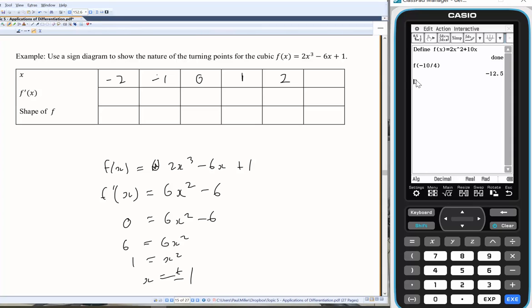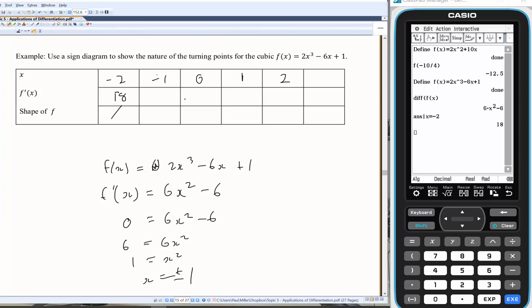To speed up the process a little bit, because you don't want to watch me do a whole heap of substitutions, I'm just going to define f(x) and do it on my calculator: 2x cubed take 6x plus 1. So I'm going to diff f(x), and sub in x equals negative 2. And f'(x) at that point is 18.